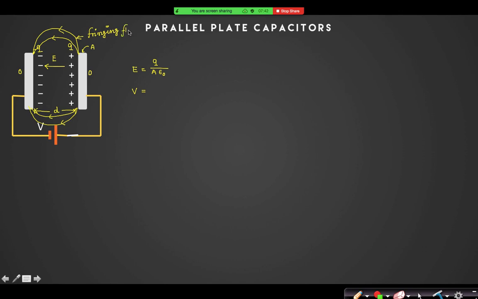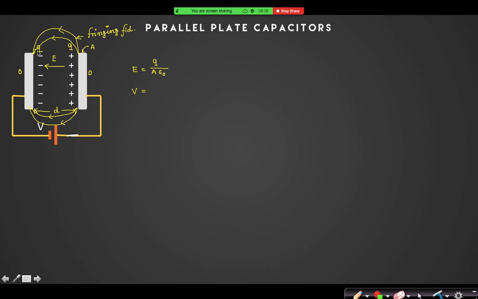There is one important effect of that fringing field that we will discuss while discussing dielectrics, not now. So we can neglect fringing fields, because outside we can actually lose that assumption of infinite plates.